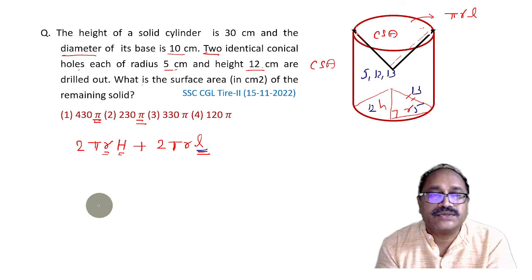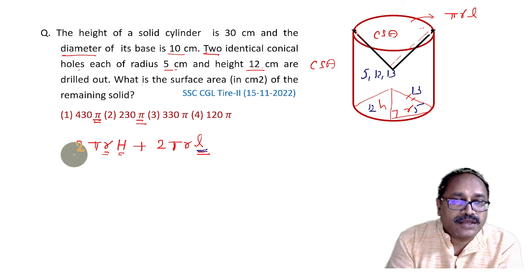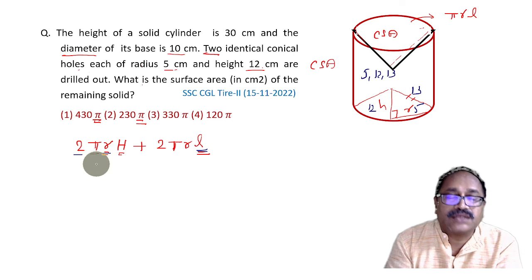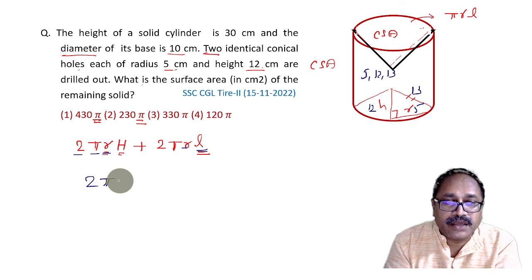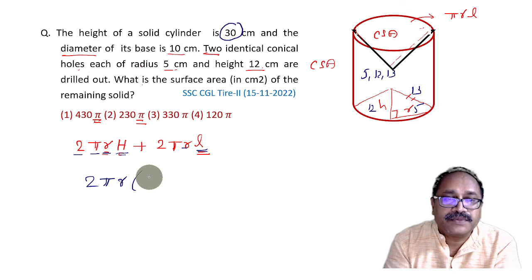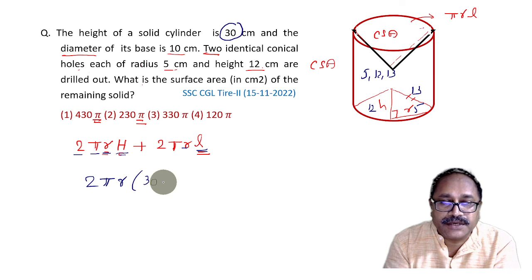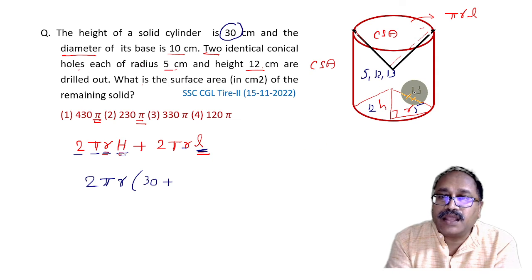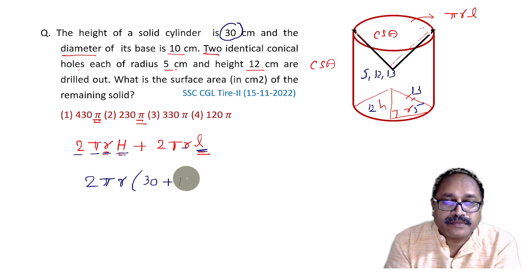Shall we solve this question? Let's move on. Can I take the 2 pi r as common? Because here the r is 5, here also r is 5. So 2 pi r, I'll take it common. And here this is h, capital H, which is mentioned as 30, plus this l, and the l here is 13.